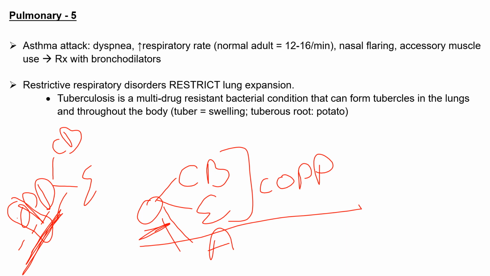But when you talk about asthma, you do need to realize that patients with asthma are unable to breathe well. They have difficulty breathing. Normally, a patient breathes with the help of only the diaphragm.